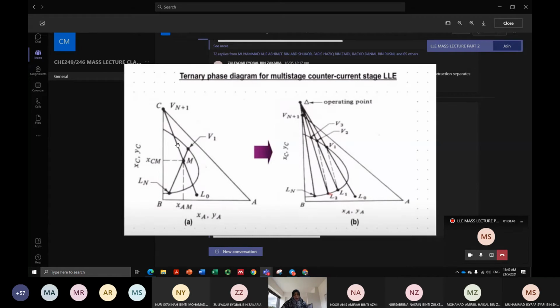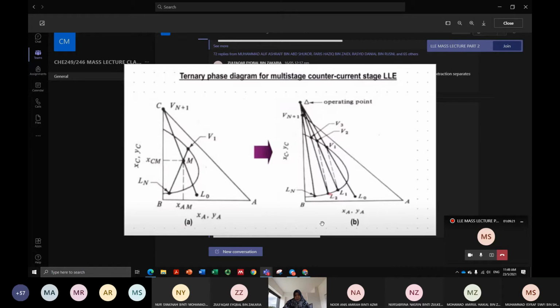If we assume that all samples taken from the extract and from your raffinate reach equilibrium, then the points for your extract and raffinate should lie on the equilibrium curve. So this is how it looks. V1 on the equilibrium curve, V2 also on the equilibrium curve, V3 also on the equilibrium curve.